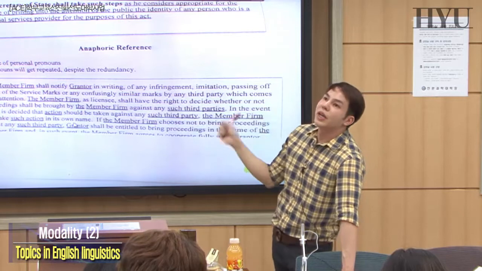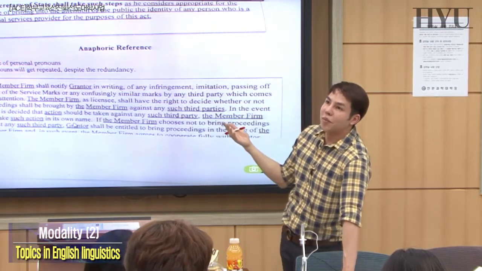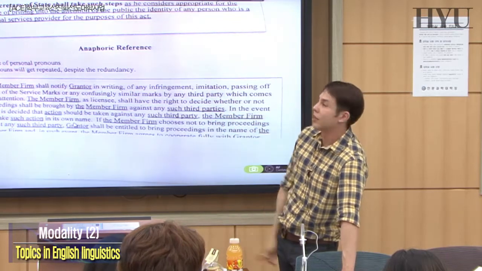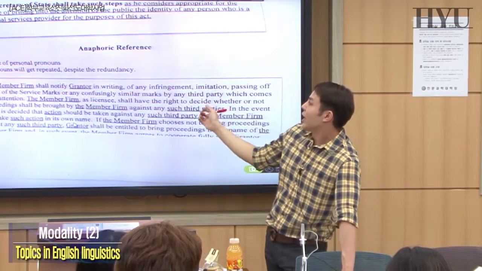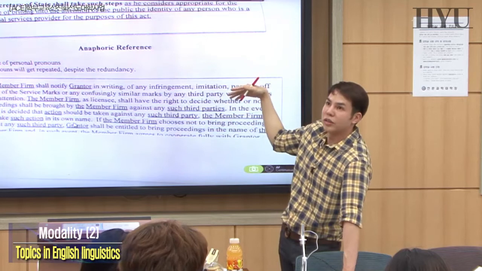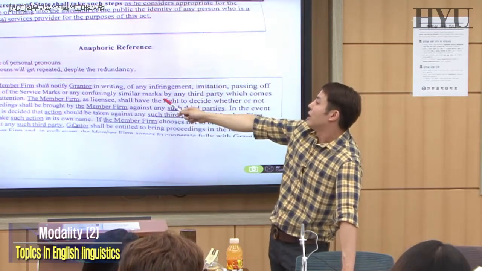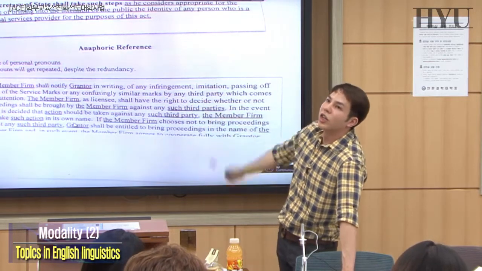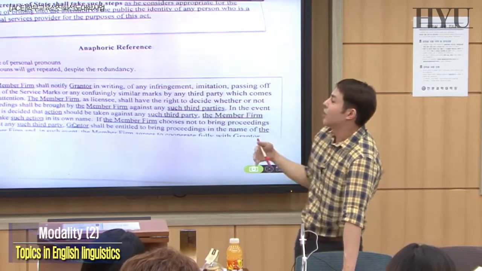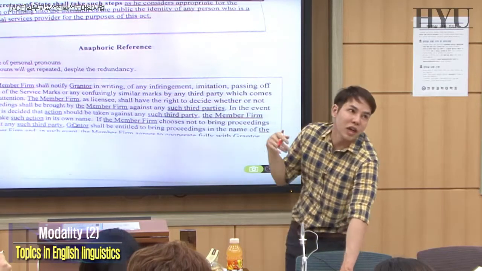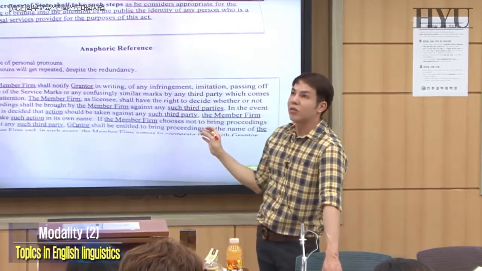When you use pronouns, sometimes it could be problematic as to what you refer to: who is he, who is him, and so on. So legal writing prefers to repeat all the nouns, okay? Like the member firm, grantor, the member firm, you see that the same noun is repeated over and over again. Sometimes it's redundant, but legal writing prefers redundancy because they like to be accurate, right?